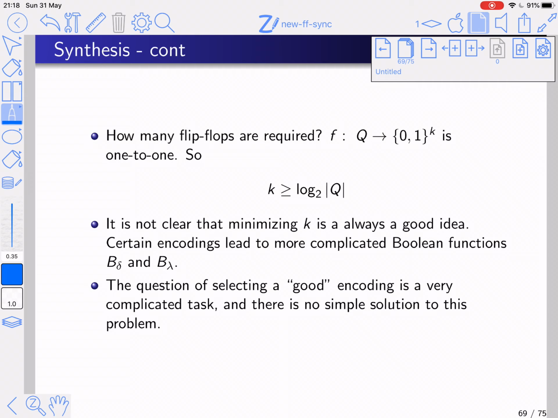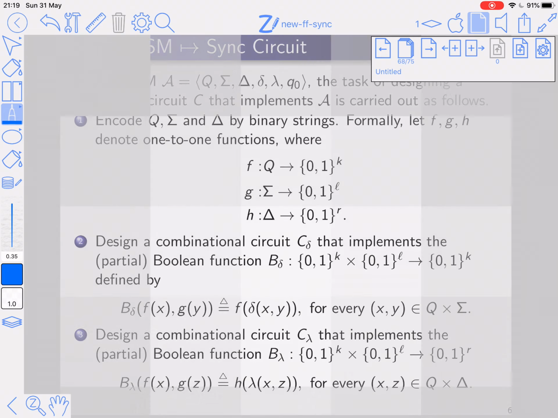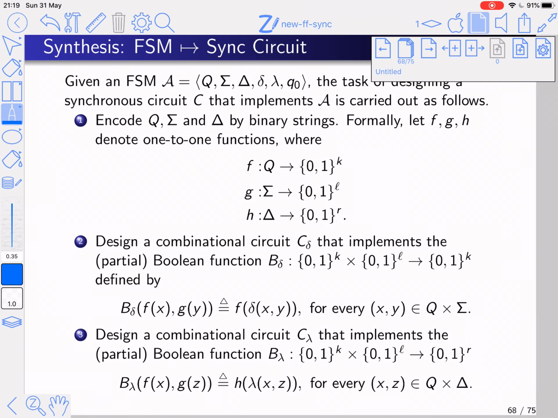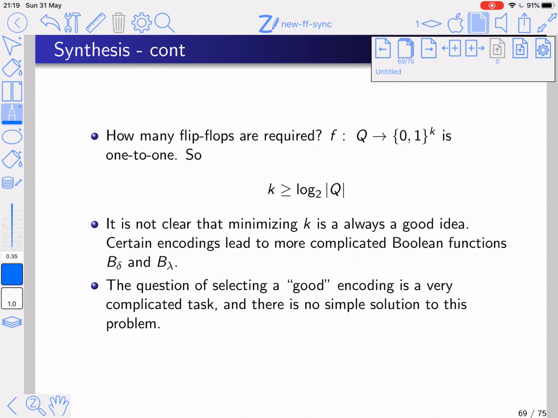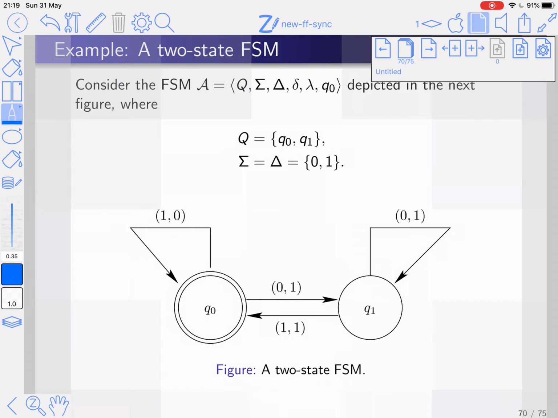There are lots and lots of heuristics, tricks that work in general, but we cannot prove anything about them or say anything significant about them, because the problems of choosing these encodings and implementing these functions are complicated problems that we do not have general algorithms for solving.